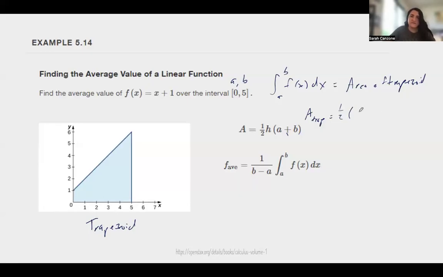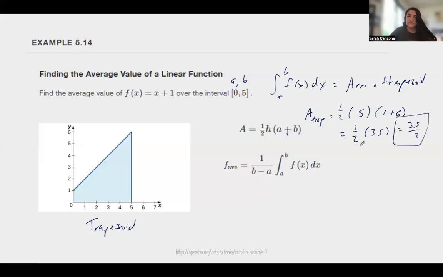So the distance from 0 to 5 is just 5 times the sum of your bases. So this one is 0 to 1, which is 1, plus this one goes from 0 to 6. So this is 6. So this is 1/2, 5 times 7, which is 35, which gives us 35 over 2. And we'll just leave it as a fraction. So the area of the trapezoid is 35 over 2.